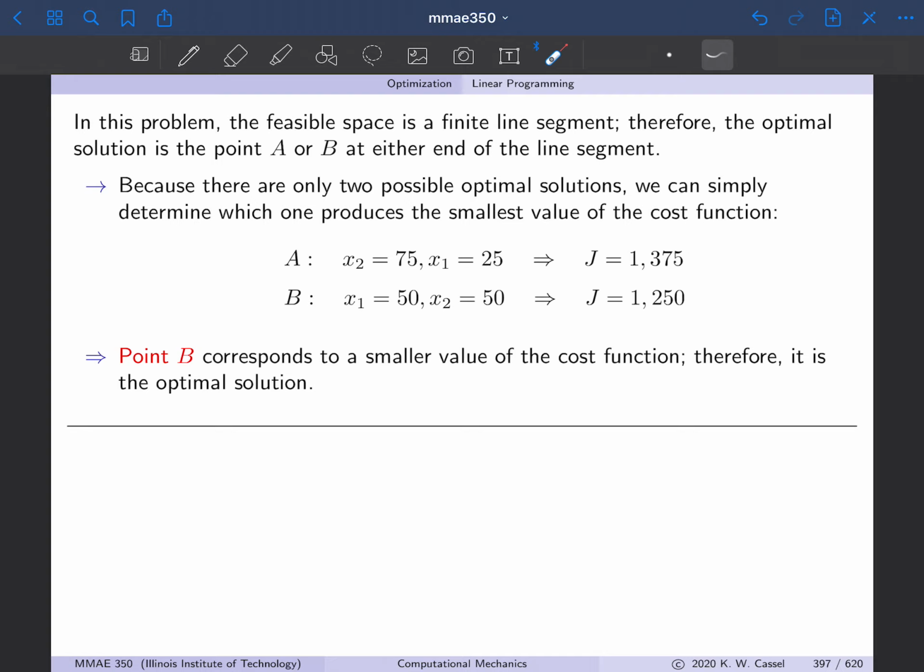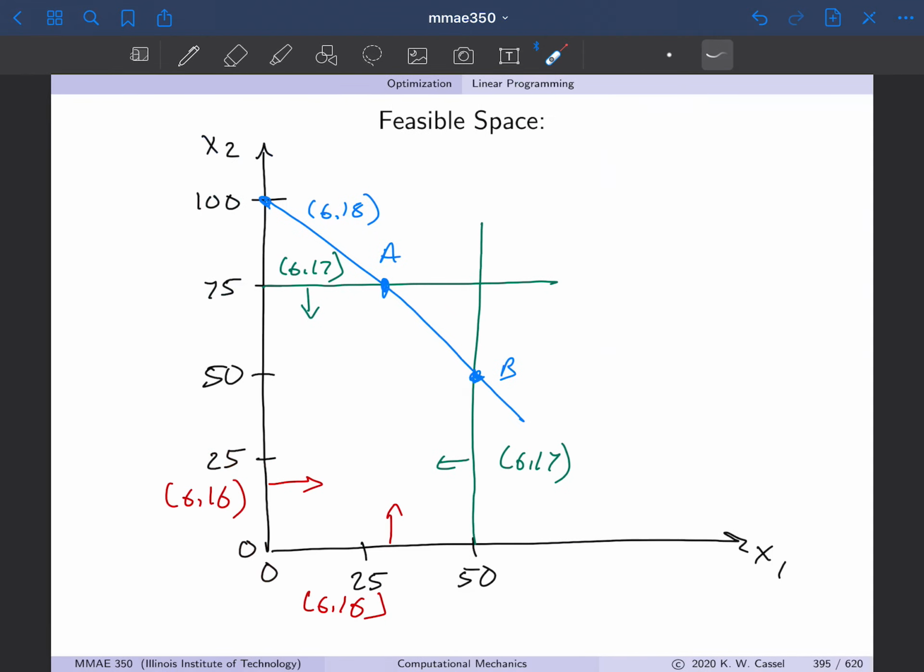So if you take everything that we've said together, the feasible space was a line segment. In fact, it's actually either point A or point B, because remember, the actual optimal or feasible point is always at one of the vertices of your feasible space. So that means it actually has to be at A or B. It can't be anywhere in between.